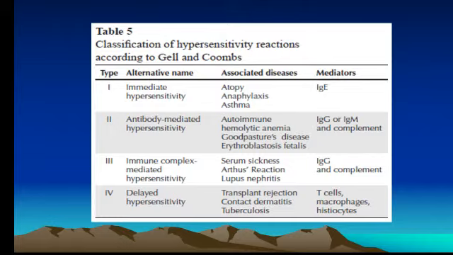The type 2 hypersensitivity reaction is antibody-mediated, associated with IgG and IgM. These include autoimmune hemolytic anemia, erythroblastosis fetalis, and Goodpasture's disease. These are all type 2 hypersensitivity. Type 3 hypersensitivity is immune complex-mediated hypersensitivity.